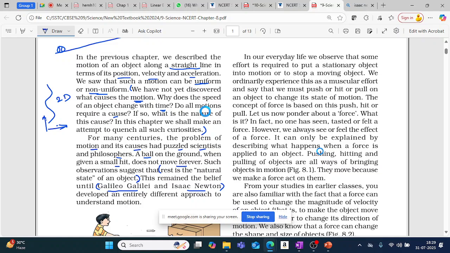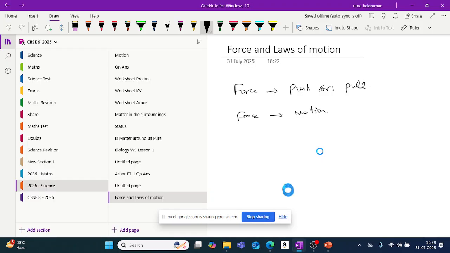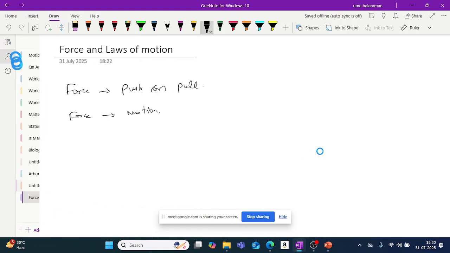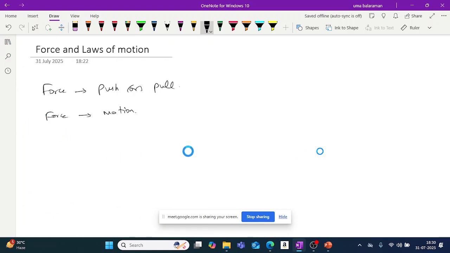But even after applying force, motion can be there or motion need not be there. If I push the wall, there is no motion. If I try to push the wall for 1 hour, still the wall will not move. So if force is no, motion is also no.